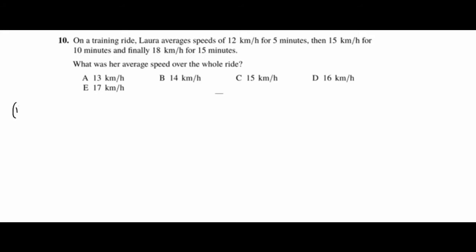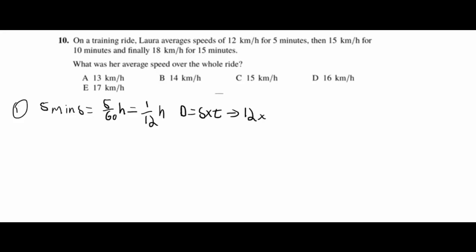So let's consider the 12 kilometers an hour for 5 minutes. So 5 minutes is just equal to 5 over 60 hours, which is equal to 1 over 12 hours. And since distance is equal to speed times time, she traveled 12 times 1 over 12, which equals 1 kilometer in that part.